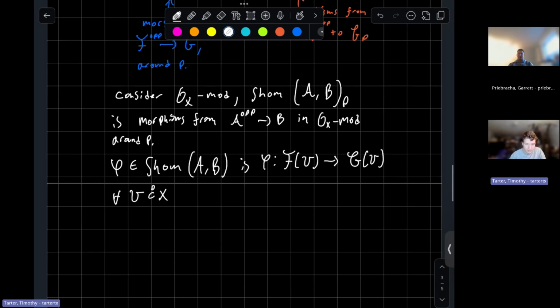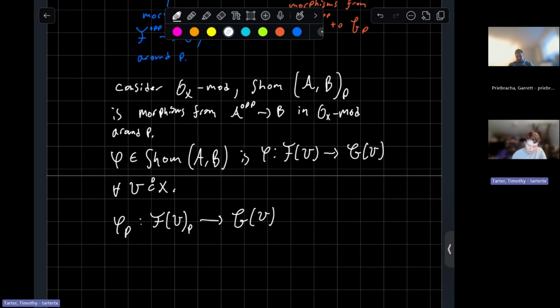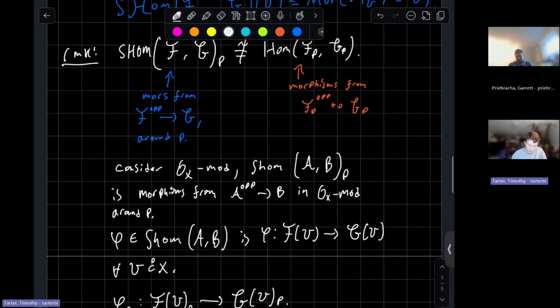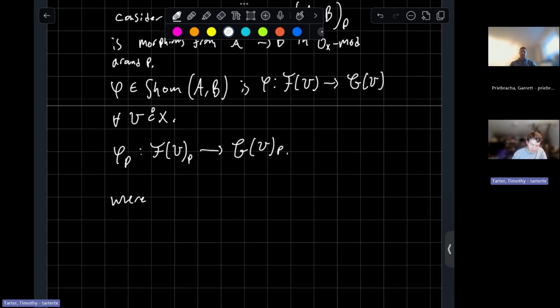And then I'm going to go out on a limb and guess that the localization of varphi at P is defined by F(U)_P to G(U)_P.